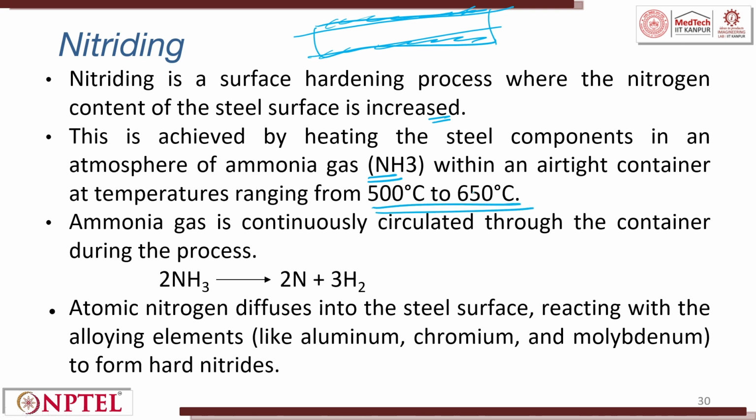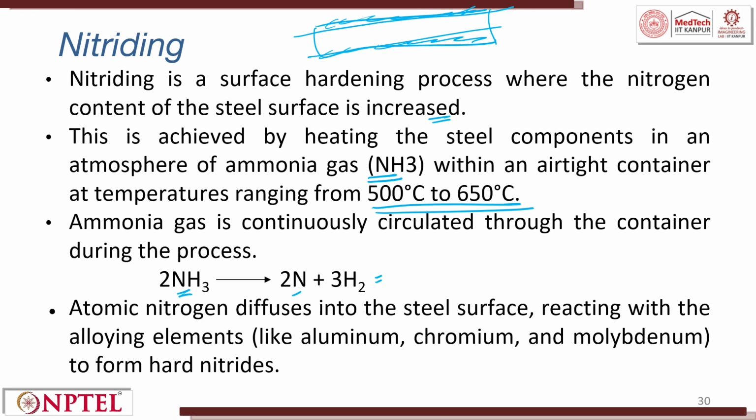For every process you should try to remember the temperature, and you will get this temperature in mind when you try to memorize the iron carbide diagram. The ammonia gas is continuously circulated through a container in which 2NH3 is dissociated into 2N and 3H2.